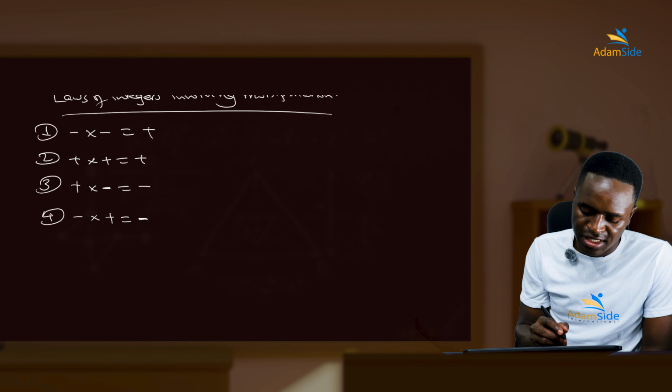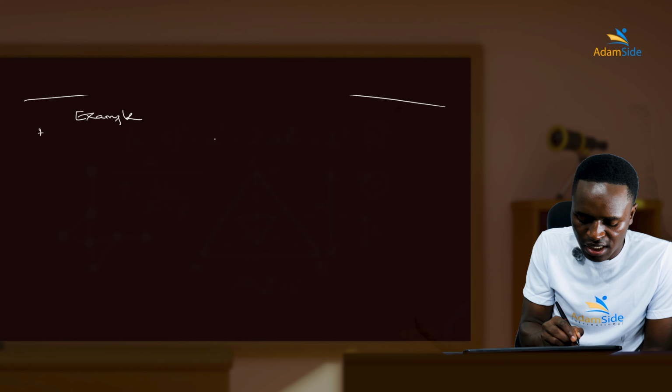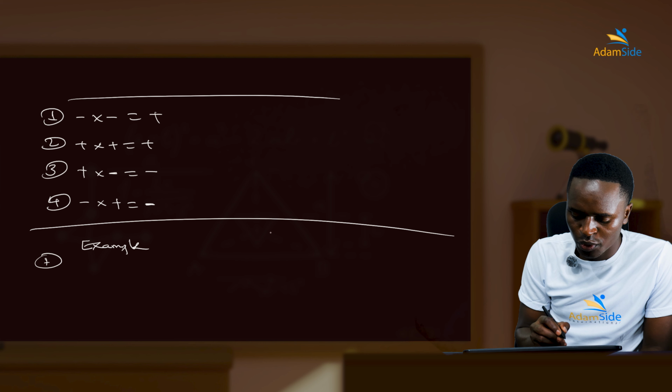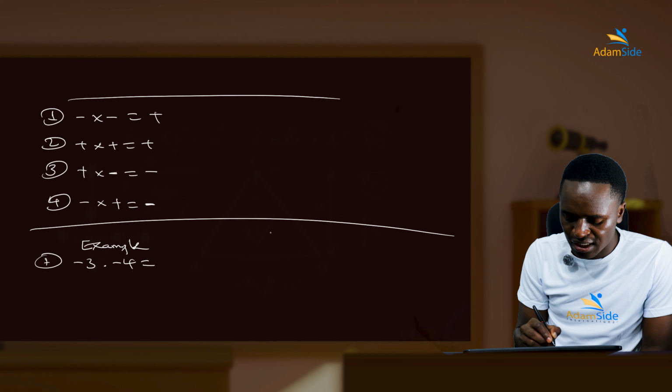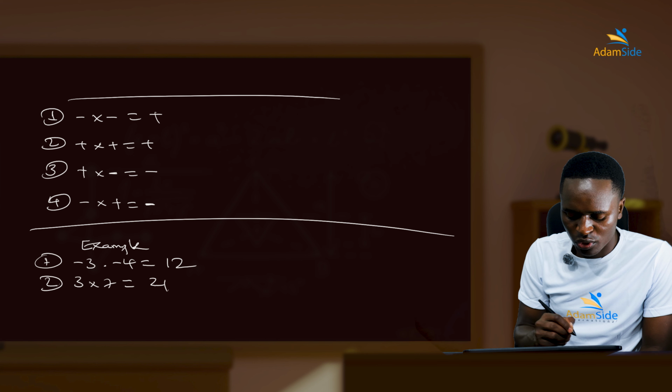Example, rule number 1: when we multiply negative whole numbers, you have negative 3 times negative 4. Negative times negative is positive, so you get positive 12. Rule number 2, example: 3 times 7, your answer will be 21, positive whole numbers.